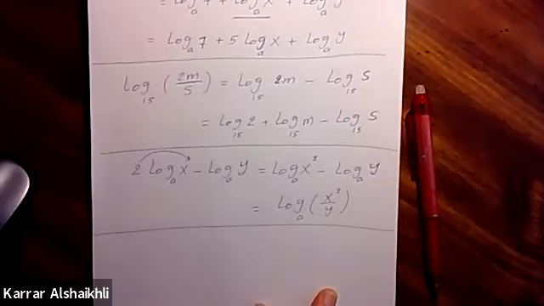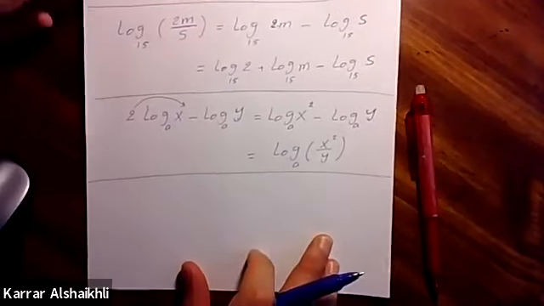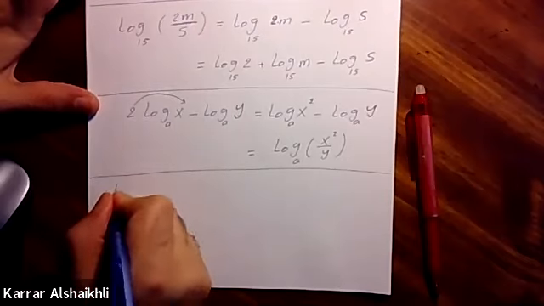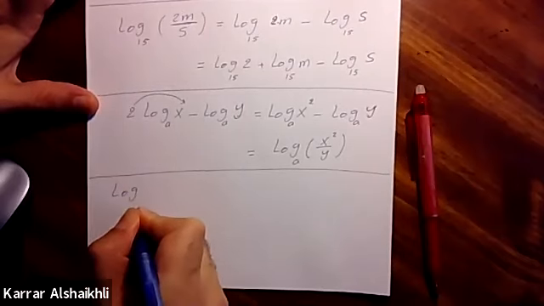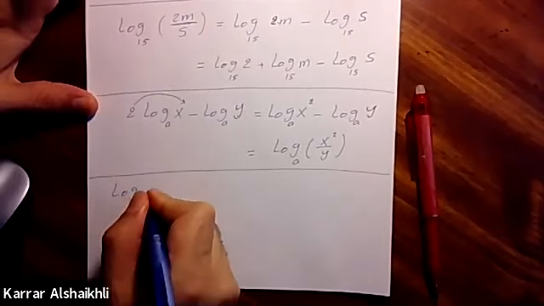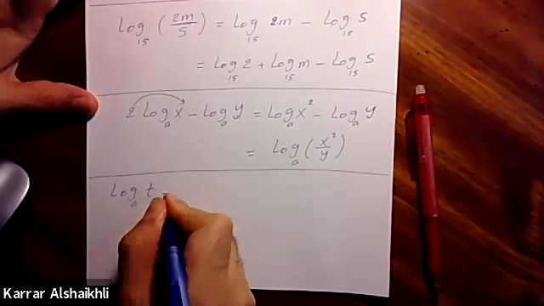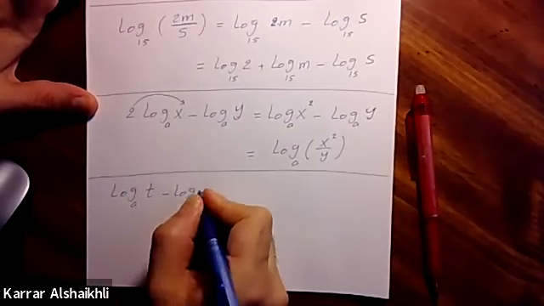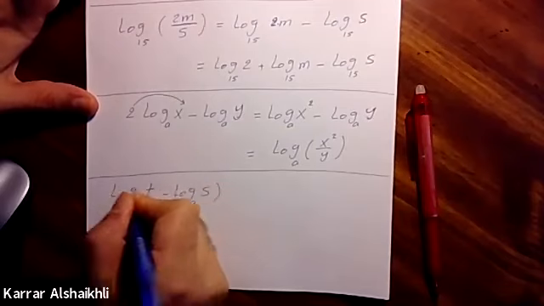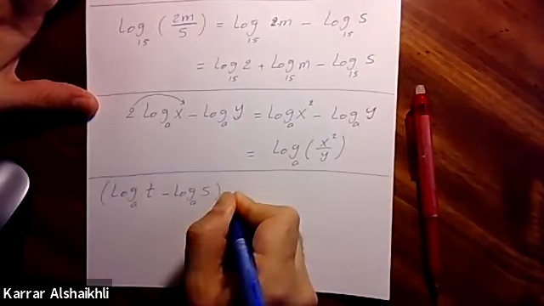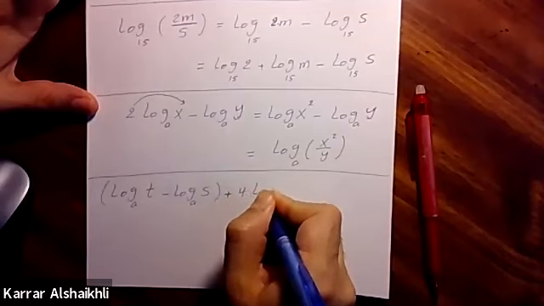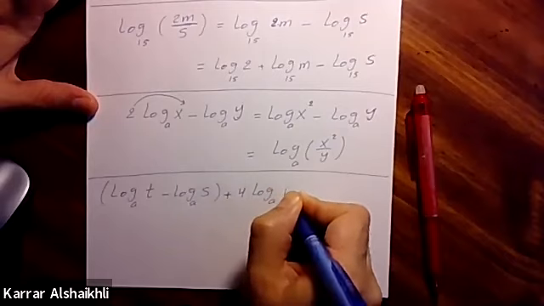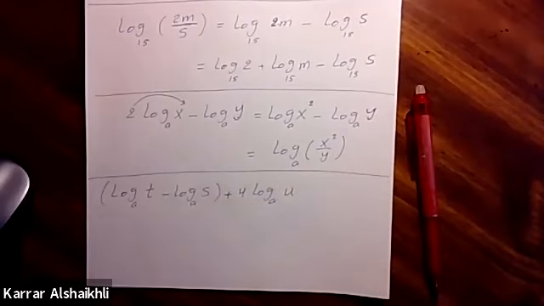One more question. If you have log to the base a of t minus log to the base a of s, with parentheses, plus 4 log to the base a of u.